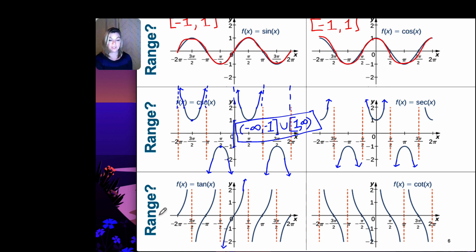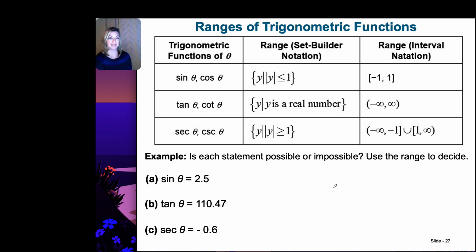So the range for tangent is all real numbers. Same thing for cotangent. It decreases to -infinity and increases to +infinity, no holes, no gaps, so its range is all real numbers. All right, let's see what that looks like in a table here.